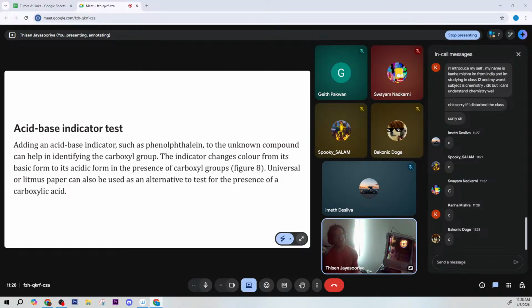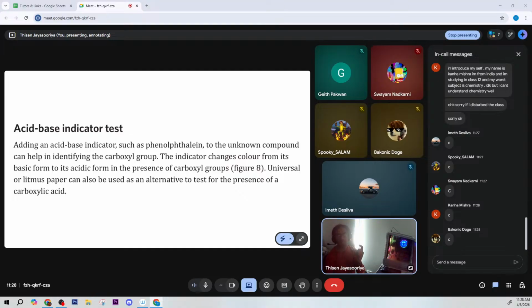Now, we have our acid-base test. There's a variety of ways we can perform this one. To determine if a carboxylic acid is present, we can dip a piece of litmus paper in, and if it becomes red, that means there's a carboxylic acid present, because that means there's a low pH.